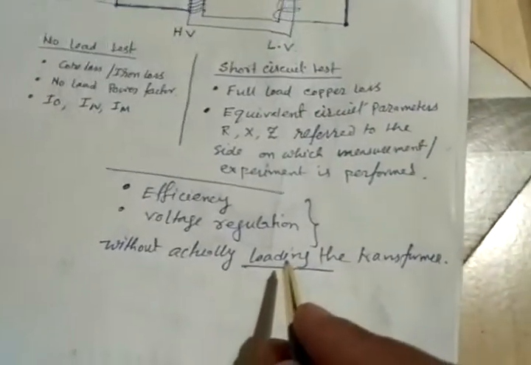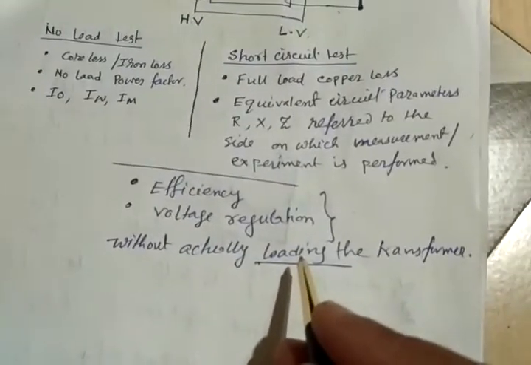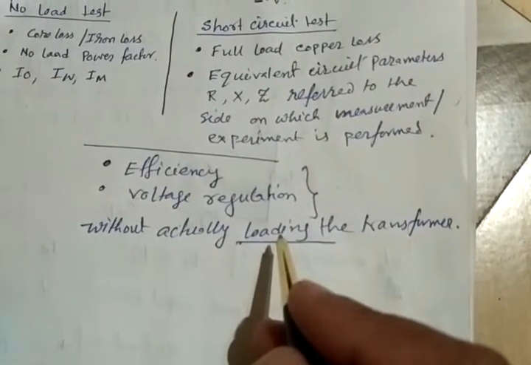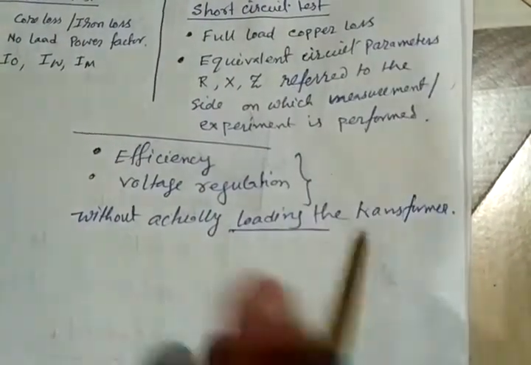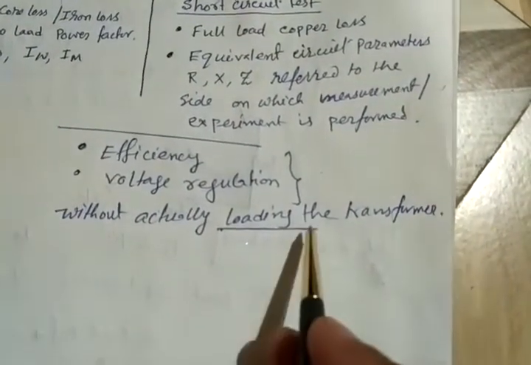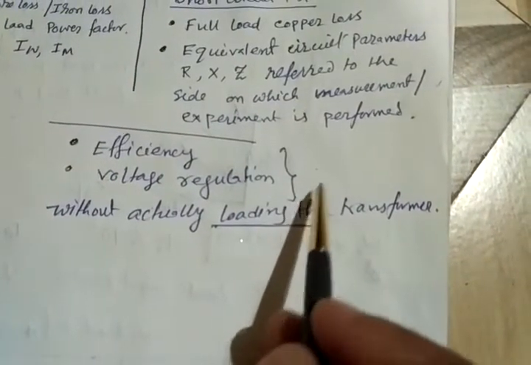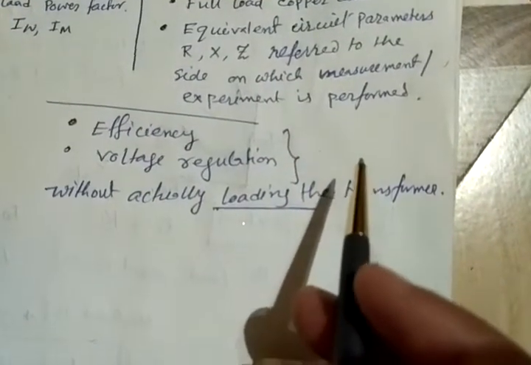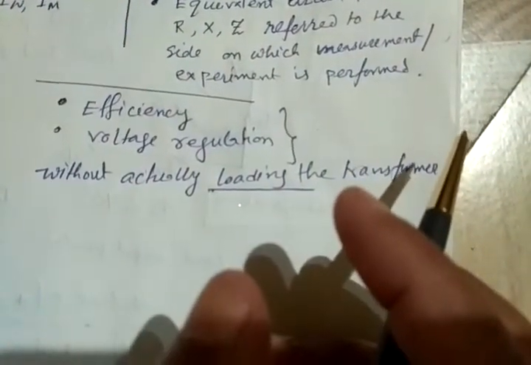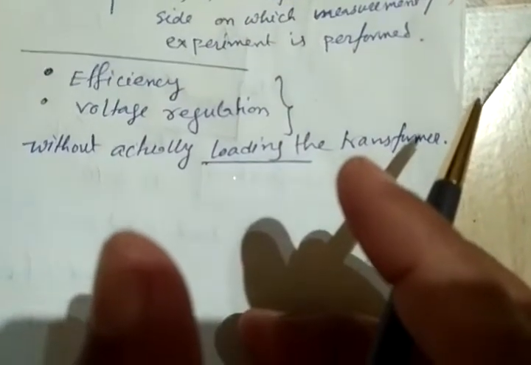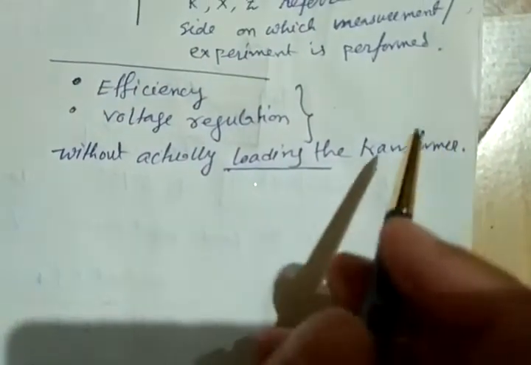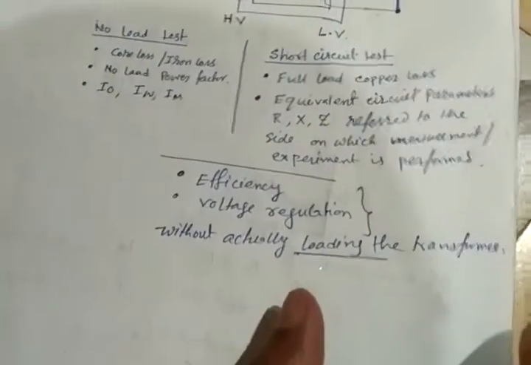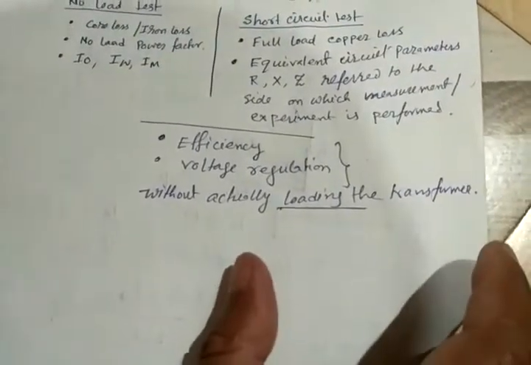That much load is not possible to create in a laboratory or for experimental purposes, and similarly that amount of energy will be wasted, which is also a huge cost. So this test has the advantage of getting the parameter values without actually loading. The supply power we have to provide to conduct these two experiments is very little compared to actually loading the transformer. So it is cost effective also and can be done in a smaller test environment.